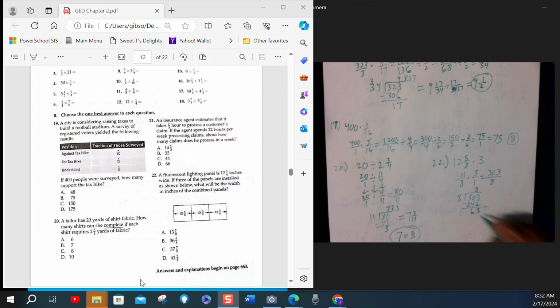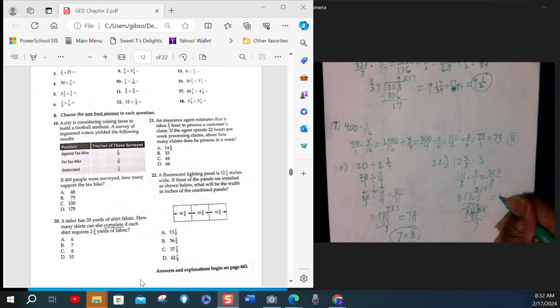Bring down your 3. 8 goes into 63 7 times. 7 times 8 is 56. 63 minus 56 is 7. And you could show that by subtraction. You'll borrow 1 from the 6, make that 5. The 3 would become 13. And 13 minus 6 is 7. 5 minus 5 is 0. So we have a remainder of 7.